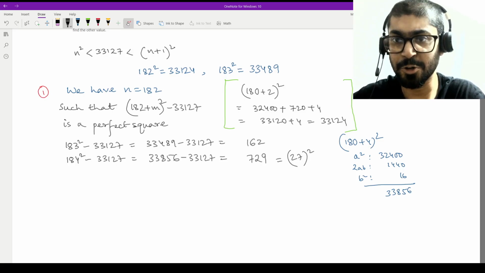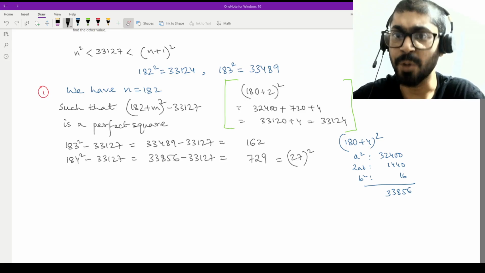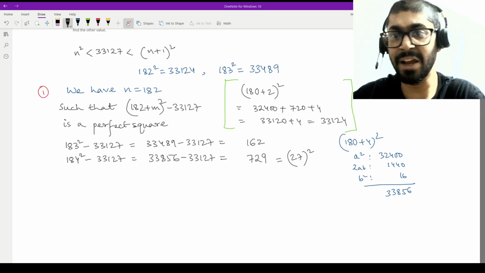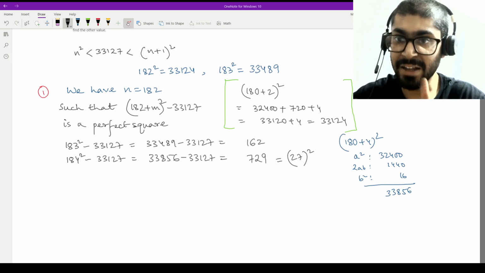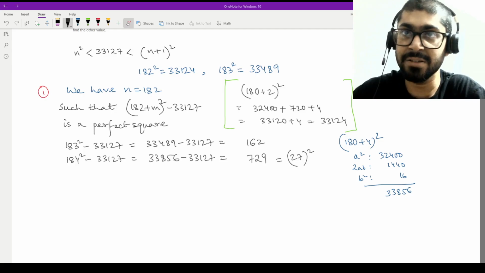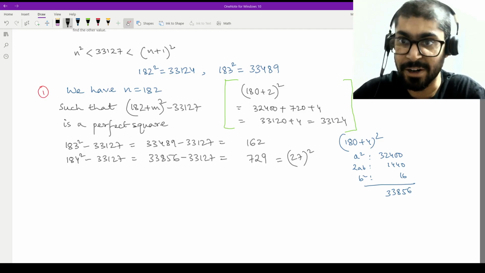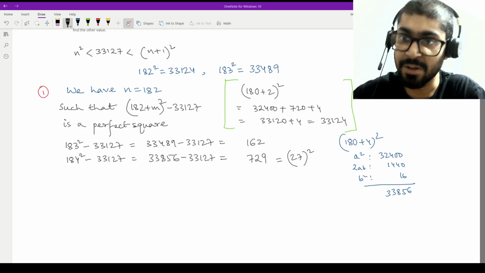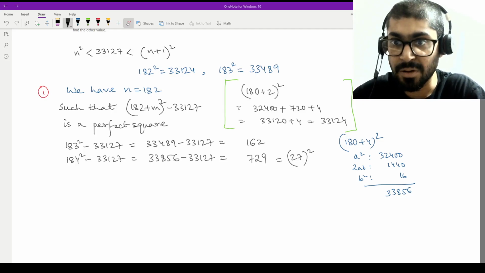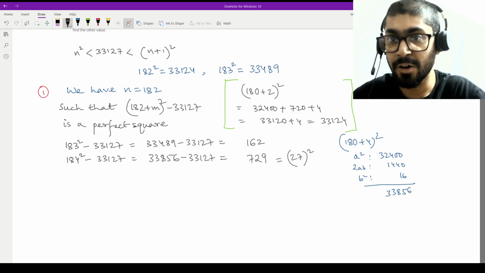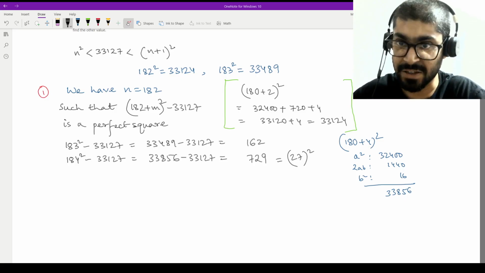Because I told you, you try to remember the powers of smaller numbers, right? For 2, remember up to 10. For 3, remember until the sixth power. So 2 to the power 10 is 1024, right? Remember till then. 3 to the power 6 here is 729. You can stop there. For 4, 4 to the power 4 is 16 into 16, 256, right?